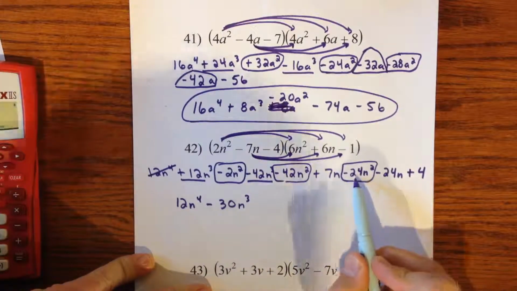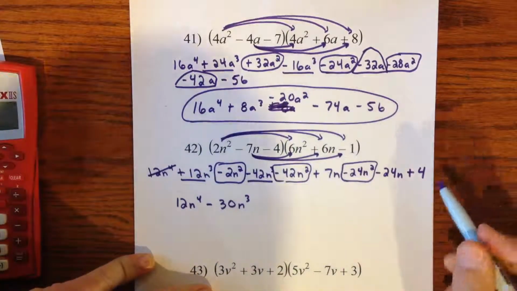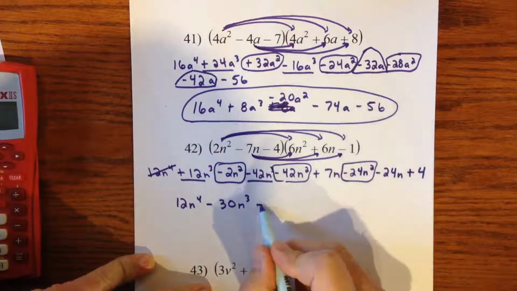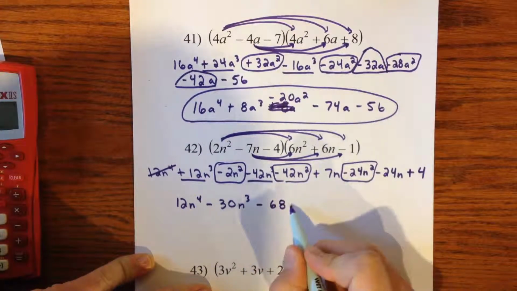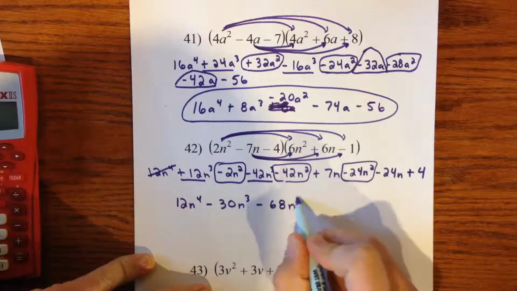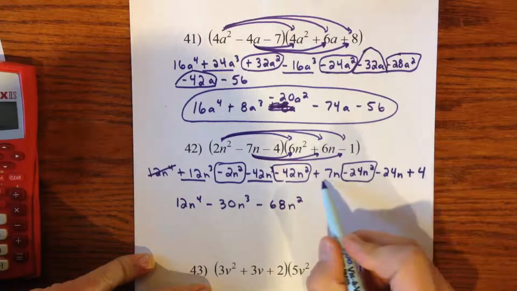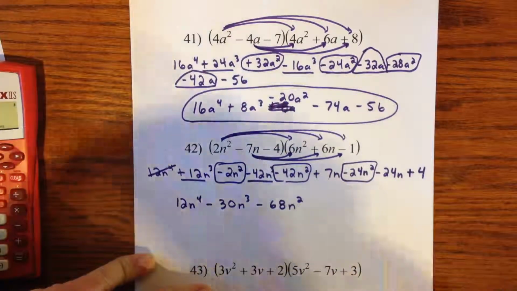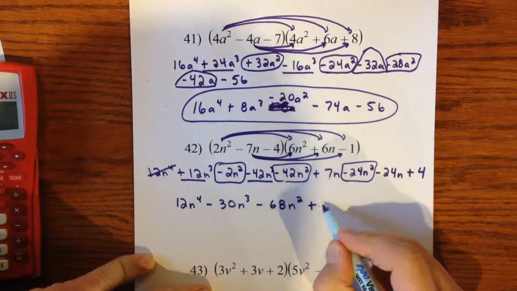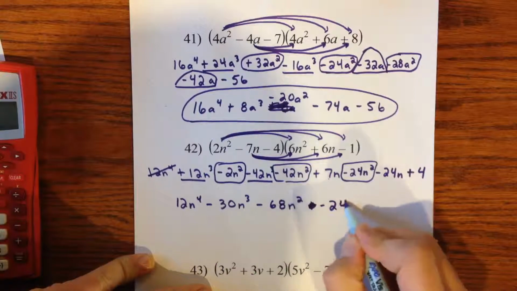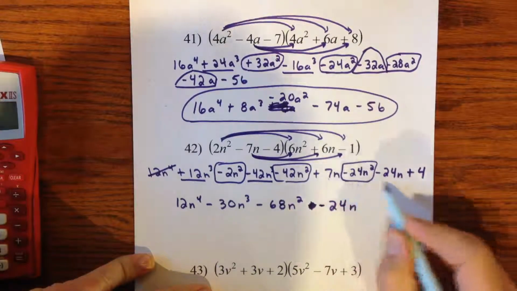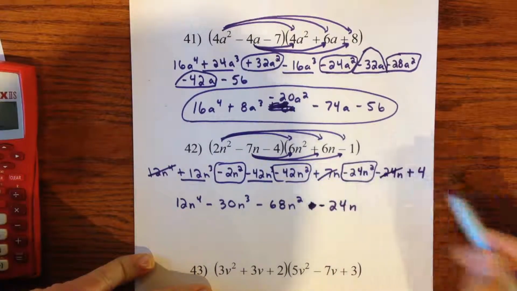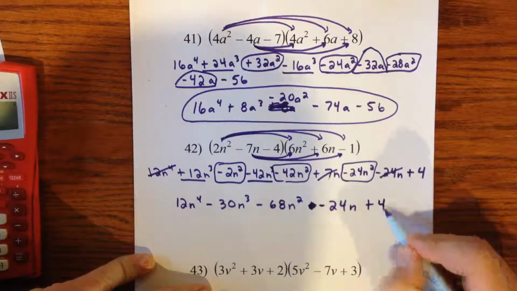I add another negative 24, so that would be negative 68n squared. Then I have positive 7 and negative 24, so that's negative 24n. And then those two are gone, they're collected, and it looks like there's a 4 on the end.